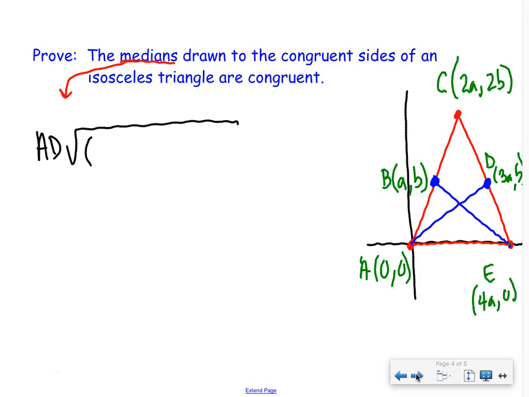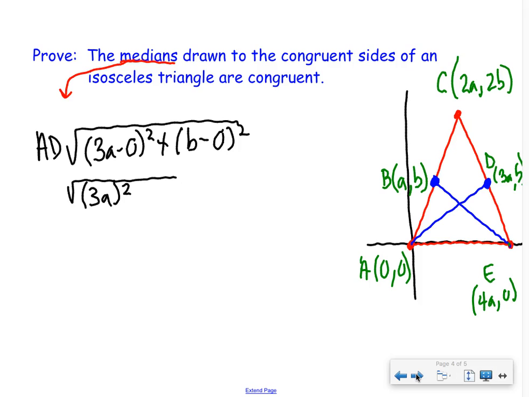So what's my x2 coordinate for D? 3A minus 0 squared plus what's my y coordinate? B minus 0 squared. What's 3A minus 0? 3A, but leave that in parentheses squared. Plus B minus 0 is just simply B squared.